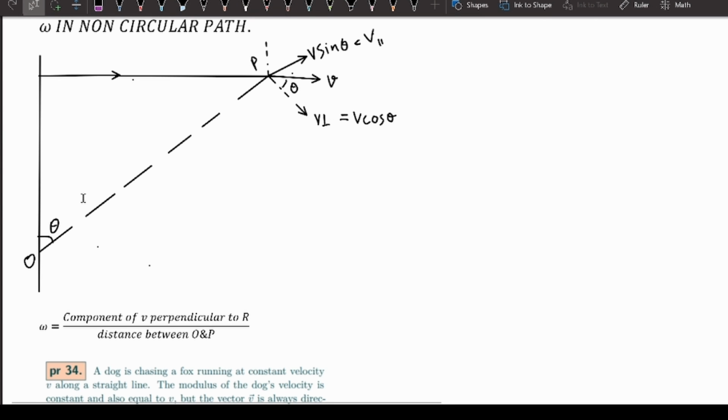Now if you look at this from a circular motion point of view, you can understand that v perpendicular is responsible for the change in velocity of the particle. Yes or no?